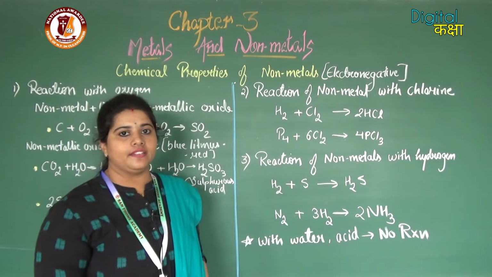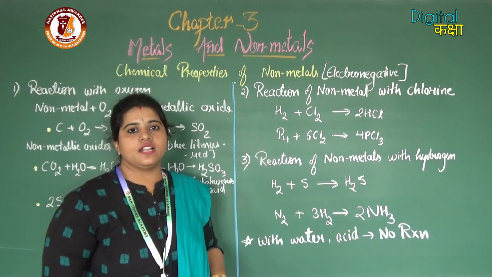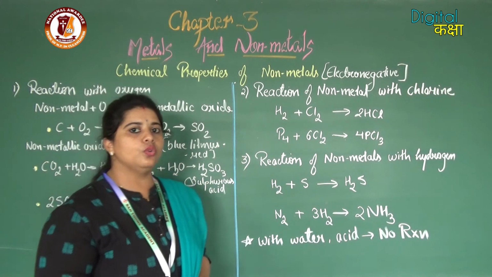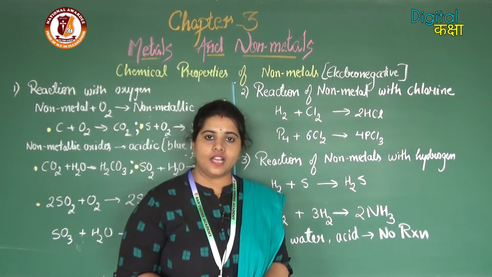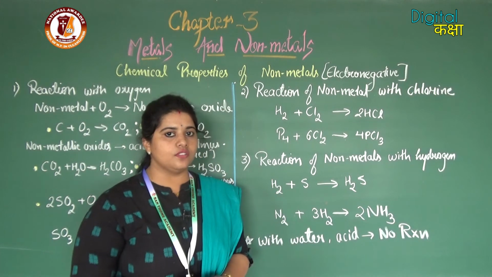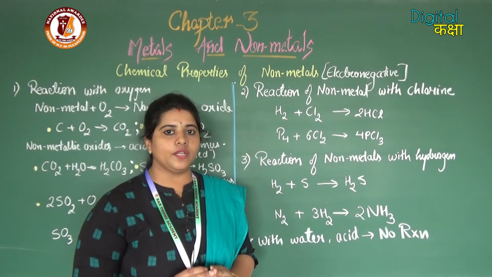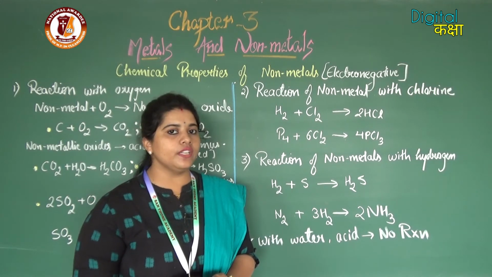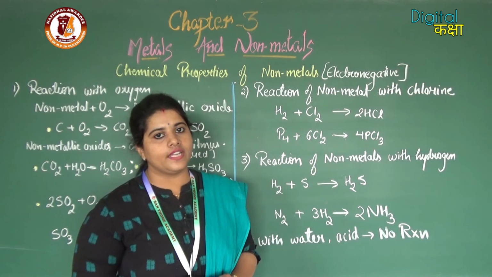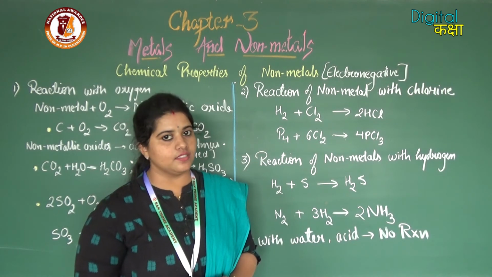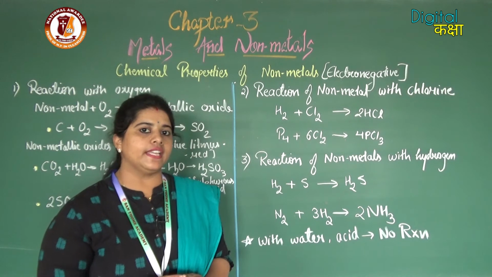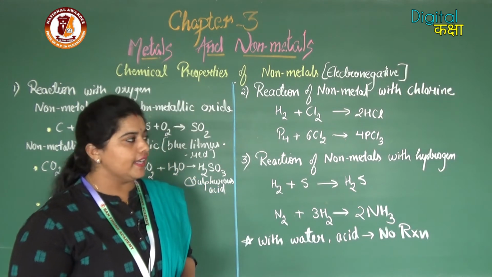Like Cl minus is a negatively charged ion since it has electronic configuration 2, 8, 7. In the last shell it has 7 electrons. To get stable it requires only 1 electron. So it's very easy for chlorine to get that 1 electron and form Cl minus. So all the nonmetals are electronegative. They gain electrons and get a negative charge.